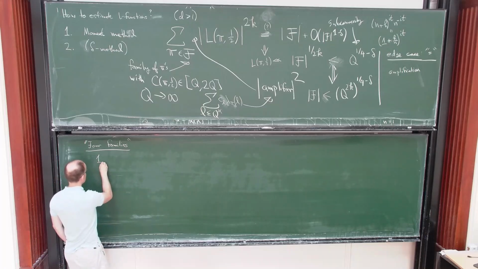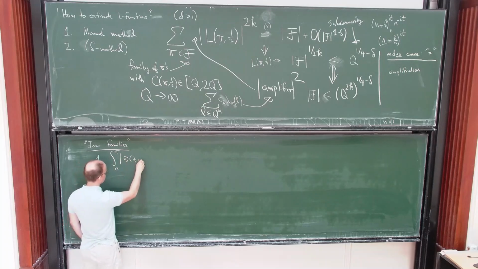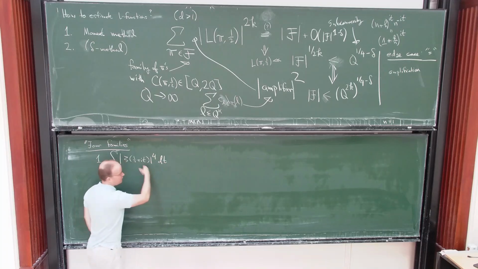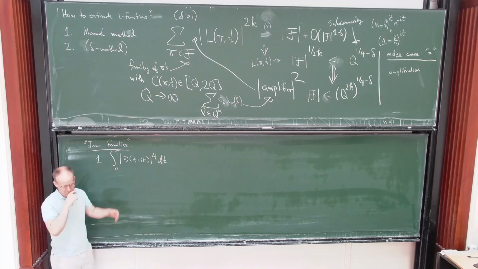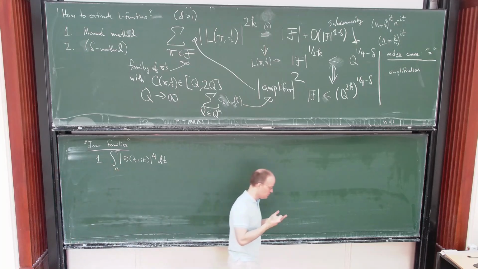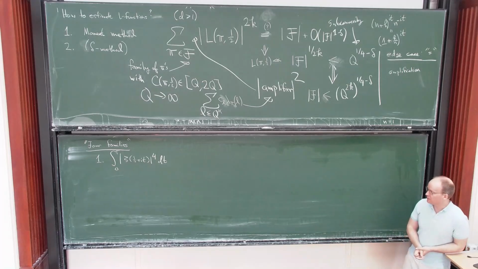One of them includes, for example, the 4th moment of the zeta function. That's a situation where we can get an asymptotic formula, as many people here know, and we could amplify it if we wanted to, and that would be one way to get the subconvex bound for zeta.